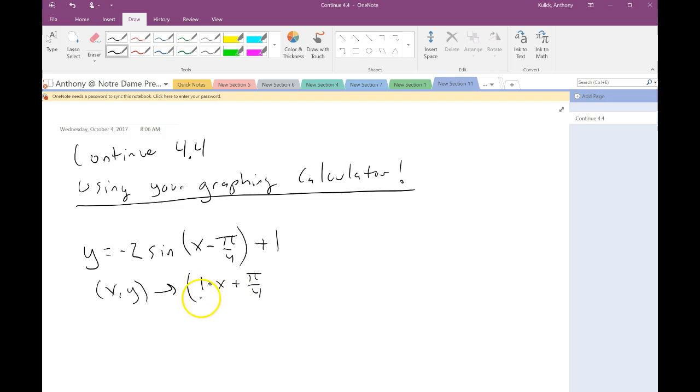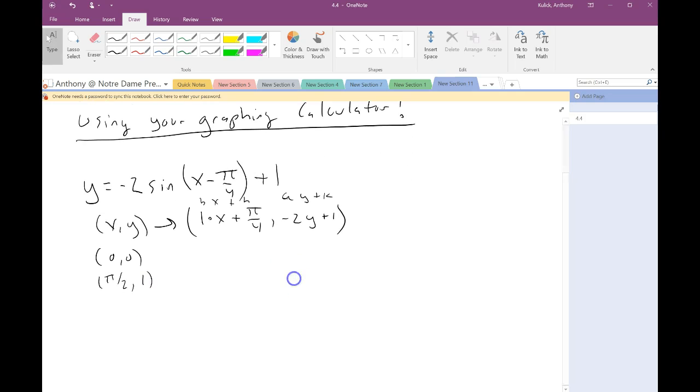We have dx plus h, and we have ay plus k. And we use the key points for a sine graph, and performed the transformation on each one of these key points, and then graphed it, right?